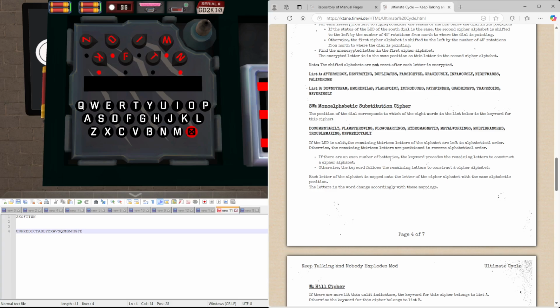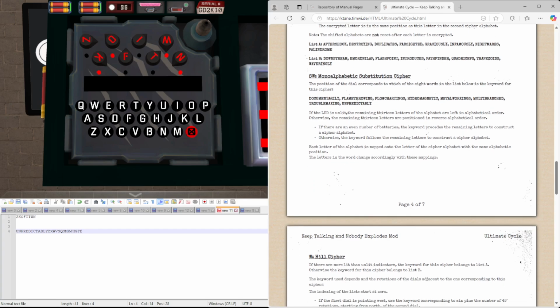There's an even number of batteries. Yes. The keyword precedes the remaining letters to make the cipher alphabet. Yes. That is this. Why is this one too long?